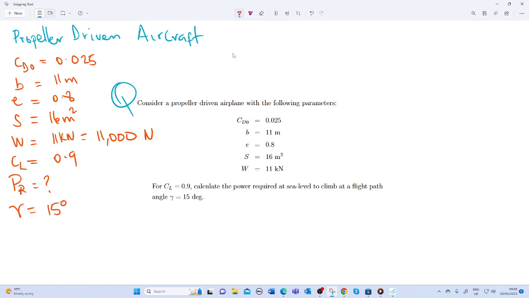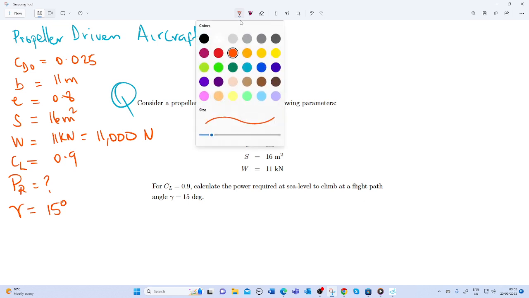Now, how do we calculate the coefficient of drag?